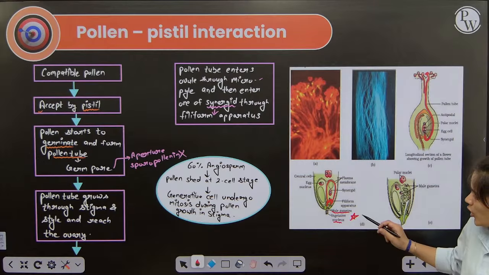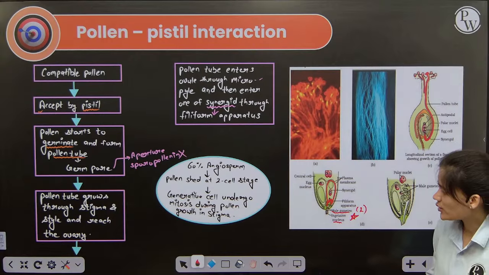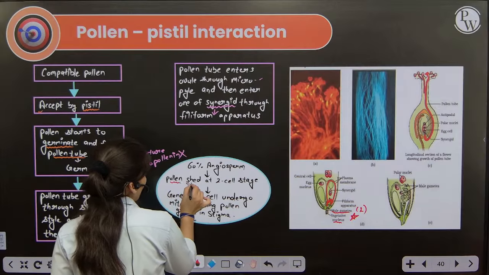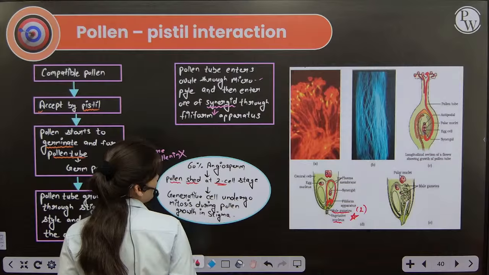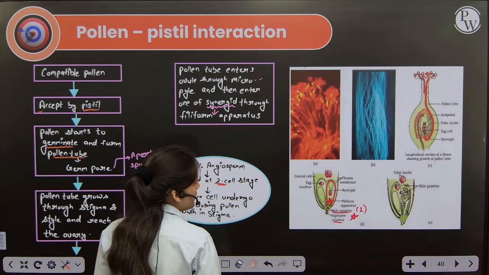Now, how many male gametes are there? Two male gametes. In case of 60% of angiosperms, we already discussed that pollen is shed at which cell stage? Two cell stage. What are these two cells? Vegetative cell and generative cell.